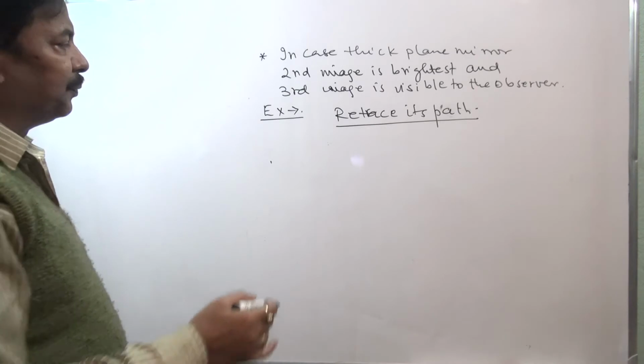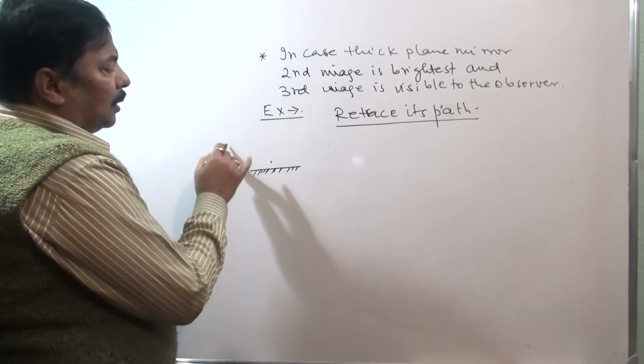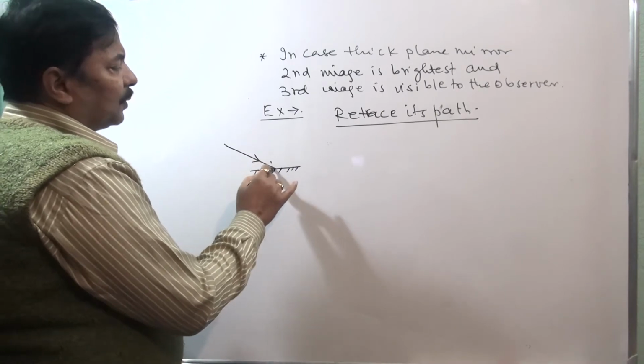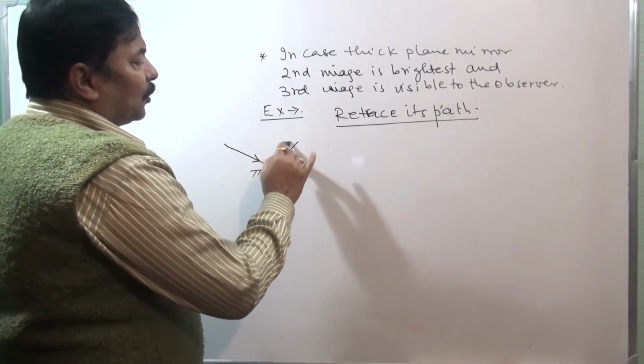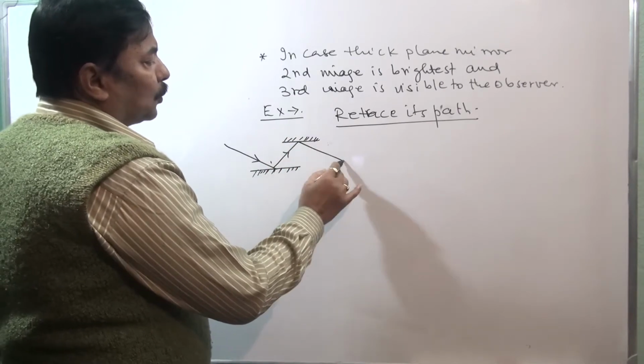What does it mean? It means that if the incident ray is in this way, this will be the reflected ray, which falls on the other mirror, and you will observe it going in this way.